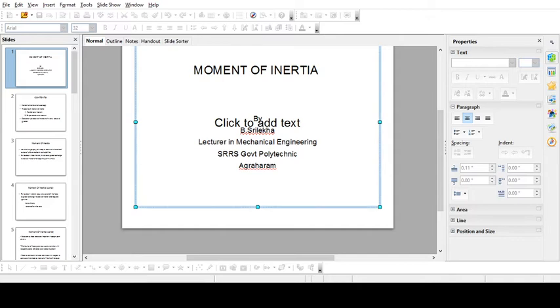So the moment of inertia about the centroidal x axis is b d cubed by 12, and about the y axis it is simply d b cubed by 12.